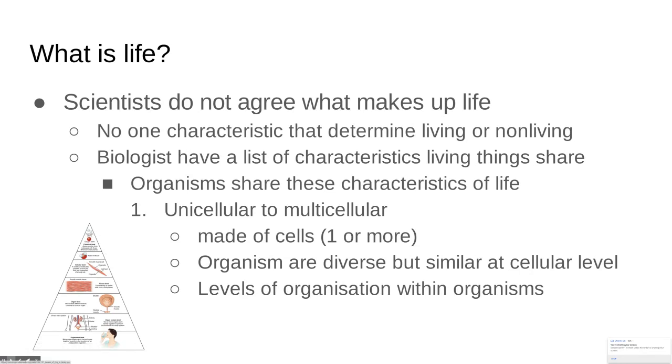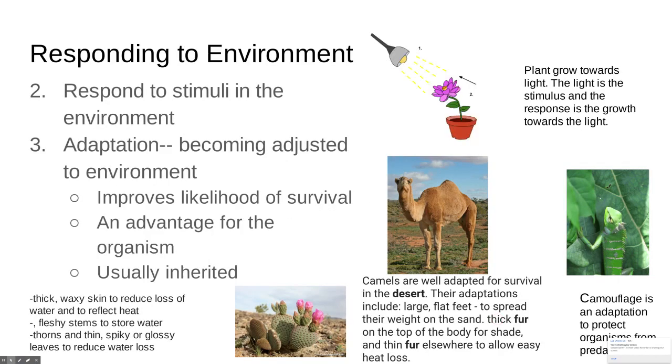Atoms come together and make molecules. Molecules come together and make cells. Cells come together and make tissues. Tissues make organs. Organs make organ systems. And then you have the organism. So the levels of organization start at the level of atoms.